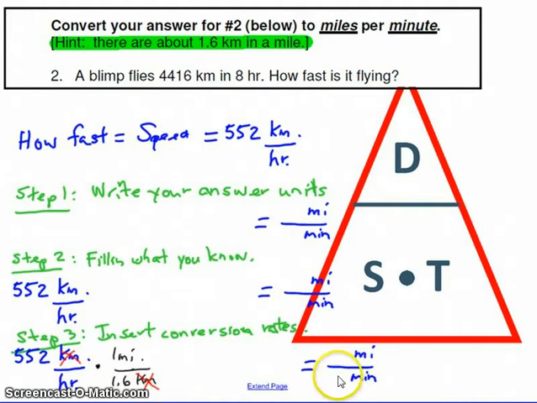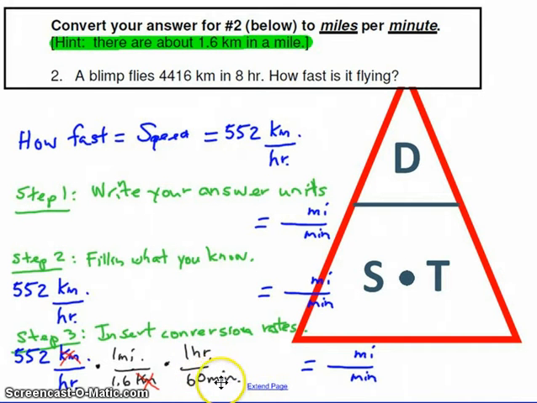But I don't have minutes. I still have hours over here, so I've got to somehow get hours turned into minutes. And they haven't given me any conversion rate for minutes and hours. Well, on the quiz and in real life, there are some conversions you're just expected to know, and I think most of us do know that there is 1 hour in every 60 minutes, or 60 minutes in every hour.